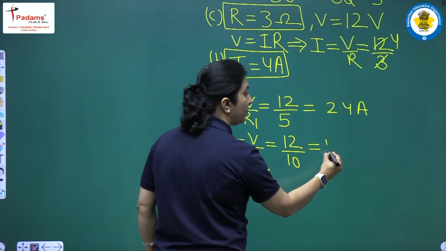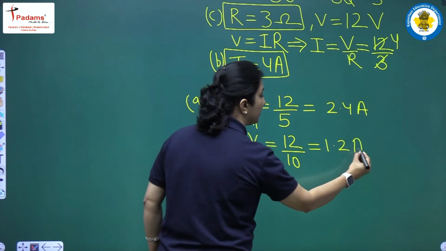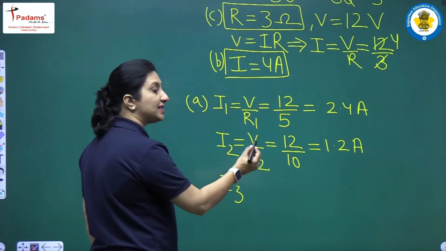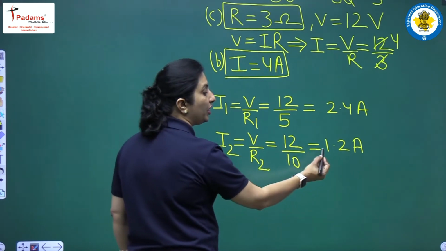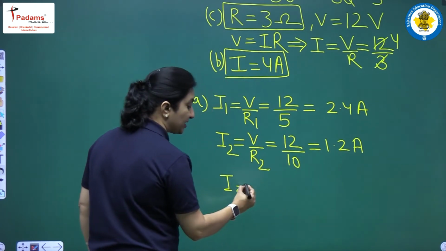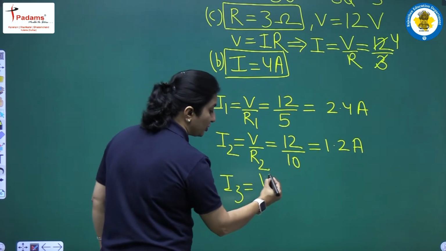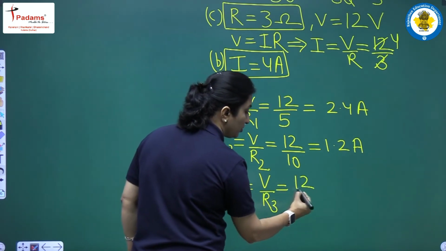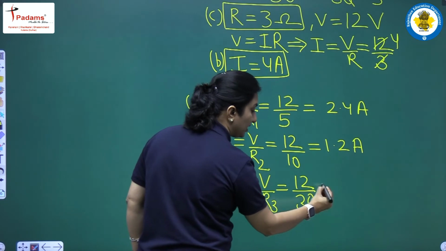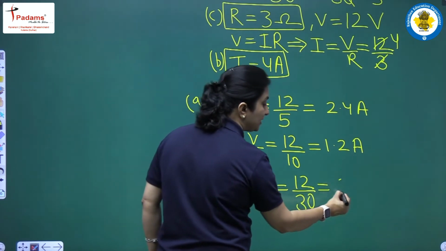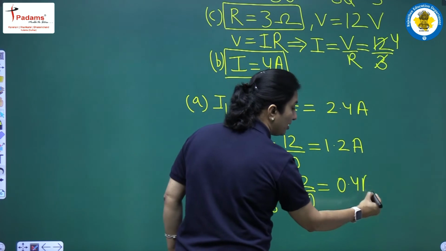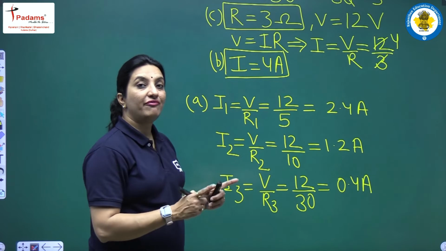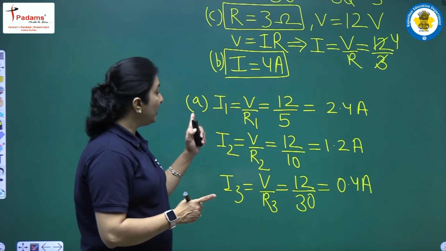So the current flowing through resistor R2 is I2, which is equal to 1.2 amperes. Now we need to calculate I3. So I3 will be equal to V upon R3, which is 12 upon 30, and this will come out to be 0.4 amperes.